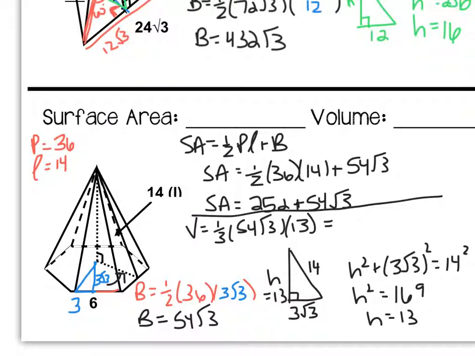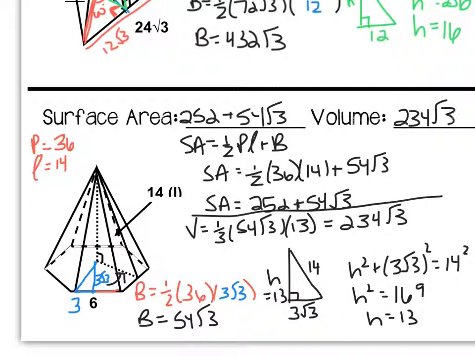And that gives me 234 square root of 3. So 252 plus 54 square root 3 and 234 square root 3. Last one.